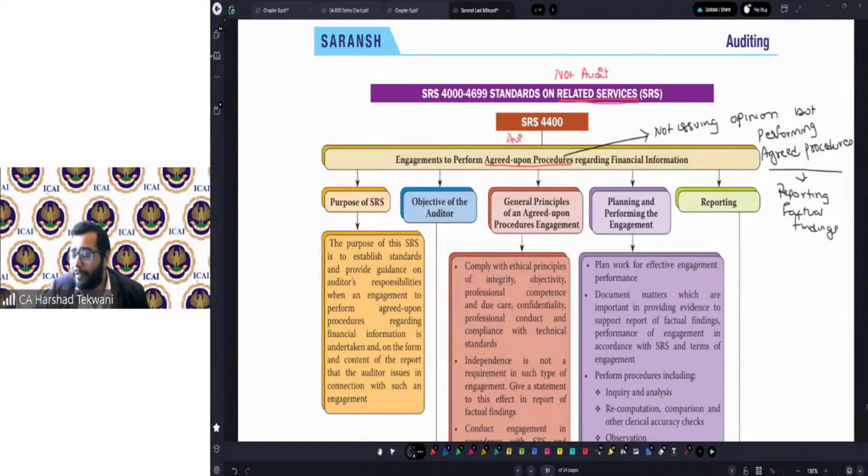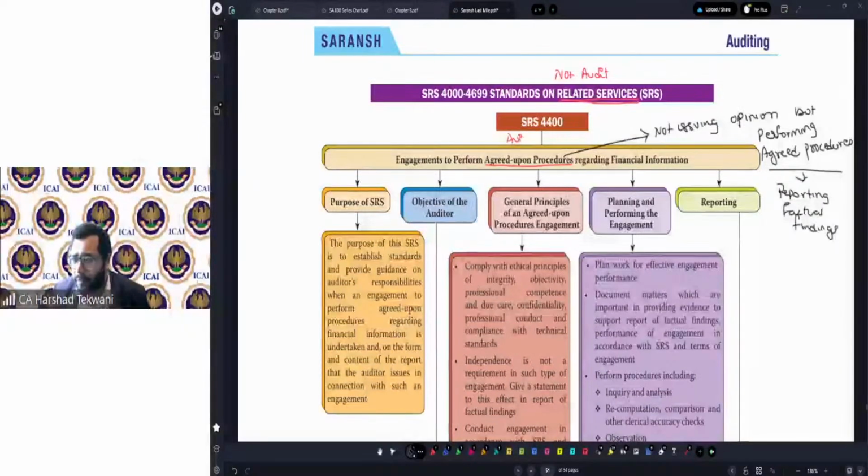What is our responsibility when it comes to the data in SRS 4400? Now, let me tell you. When I am doing the procedures that are agreed already, and if I come to know about any of the data which is not correct, I may raise that question to the management, but I am not required to verify the validity of the data.